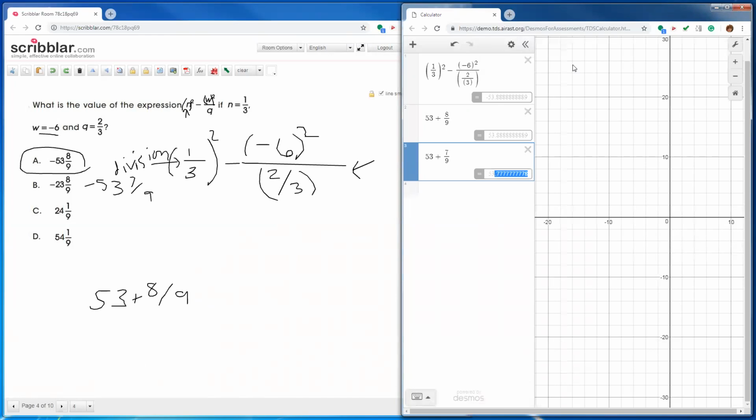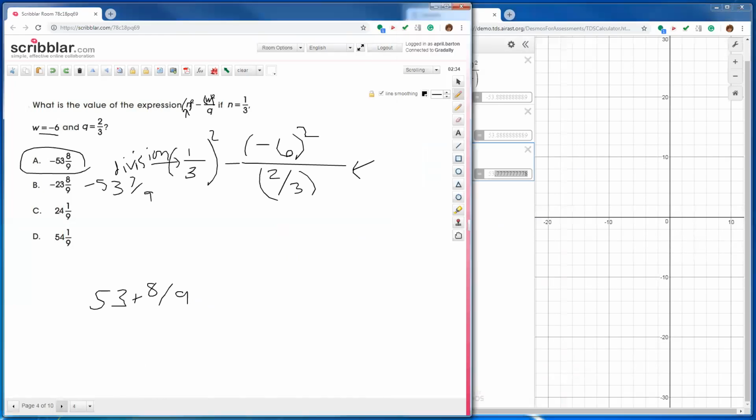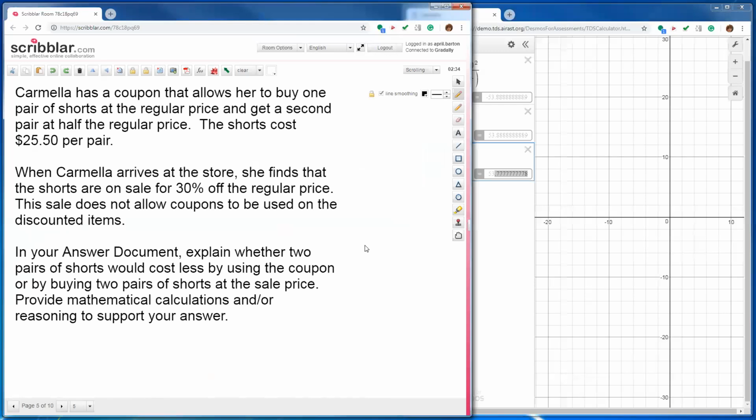So like I said, it's a pretty good idea to get comfortable with this calculator so that when you use it on the test, you can use it as effectively as possible. Okay. So this is one of the free response questions where you're supposed to write out your work. I've been trying to find out, like I said, they've changed the OGT and now it's only going to be online.